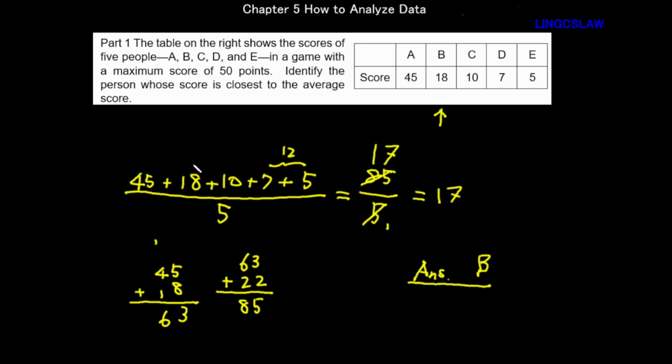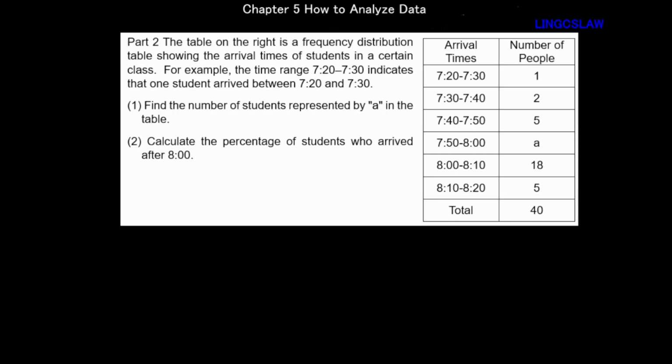Let's go on to part 2. First of all, please feel free to stop the video and solve the problem yourself. Now let's get started. Part 2. The table on the right is a frequency distribution table.